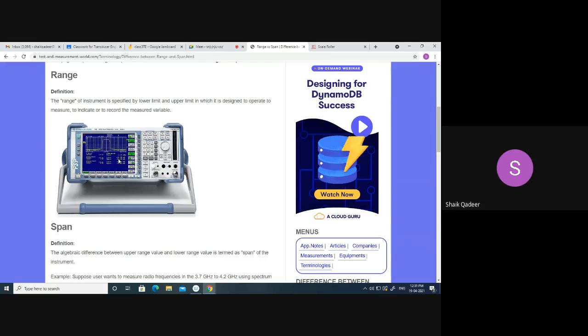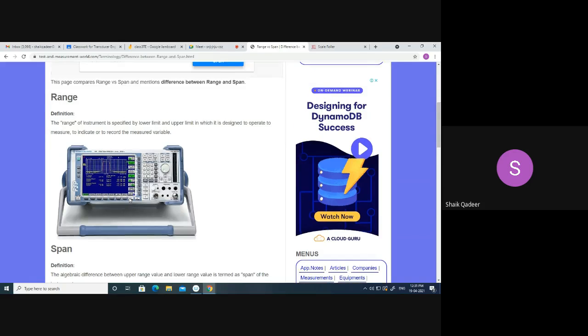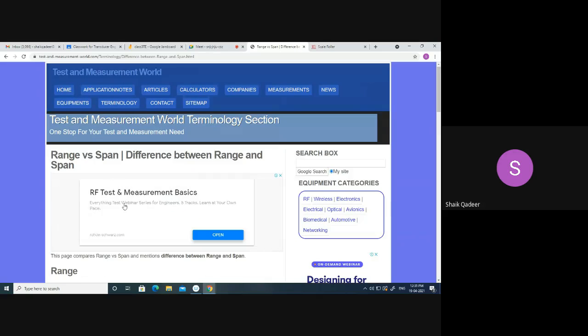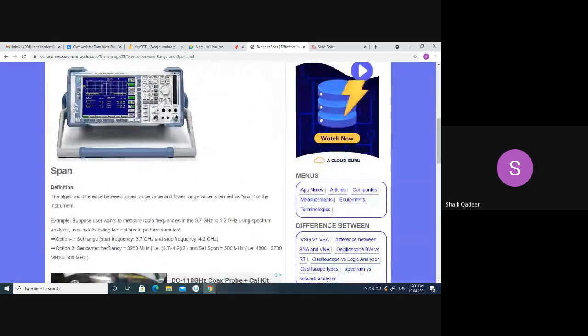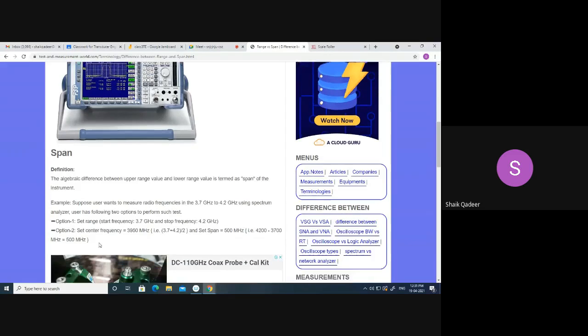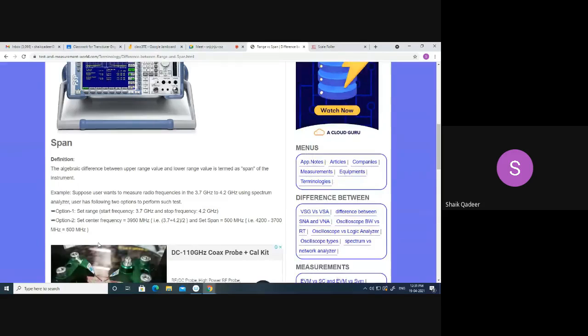The instrument in which the x-axis is frequency is called a spectrometer. I'm not going into that because that is not the topic to be discussed. I just want to explain the difference between span and the range. It's very simple. You can understand from this example.